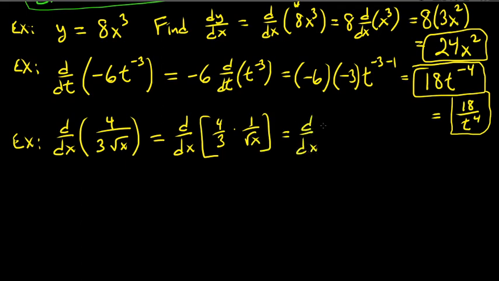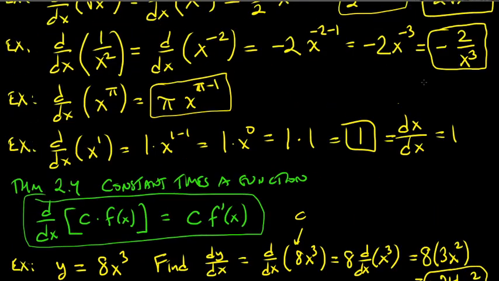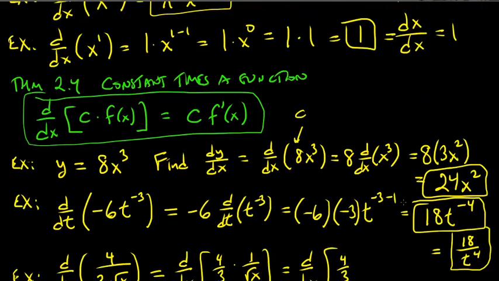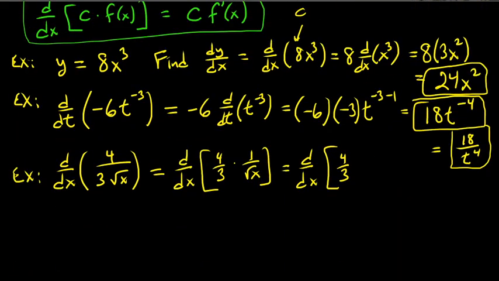So that will come in front, but not just yet. Before we do that, what's 1 over square root of x? We saw that earlier, right? When we did it, 1 over square root of x is x to the negative 1/2, right? So this is going to be 4/3 times x to the negative 1/2. The negative because it's in the denominator, and then the 1/2 because it's the square root.